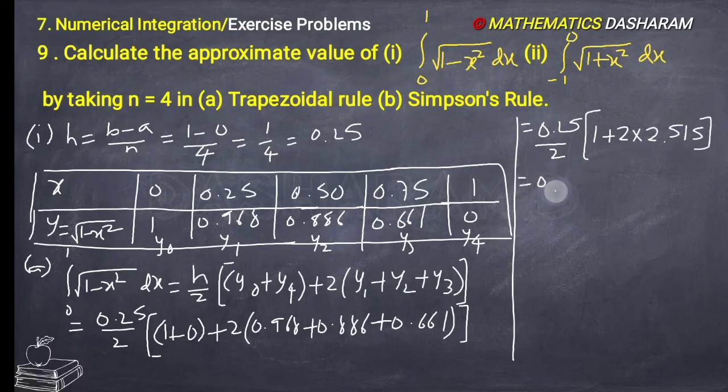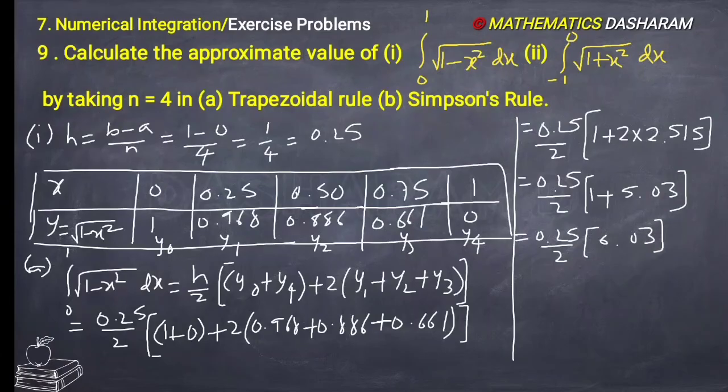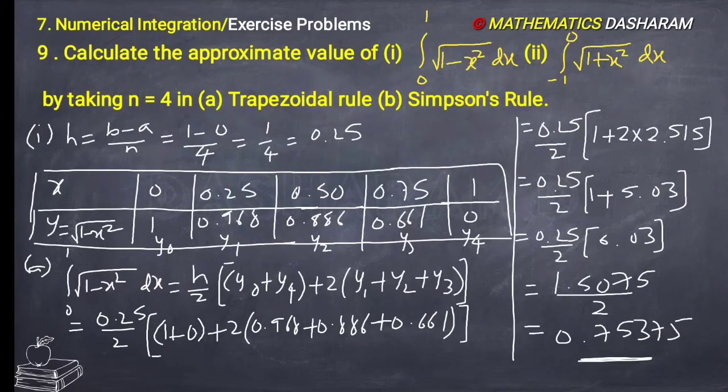So it is equals to 0.25 divided by 2 bracket of 1 plus 2 into 2.515 is 5.03. So 0.25 divided by 2, 1 plus 5.03 is 6.03. So 0.25 into 6.03 is 1.5075 divided by 2. So then it is equals to 0.75375 is our required answer.